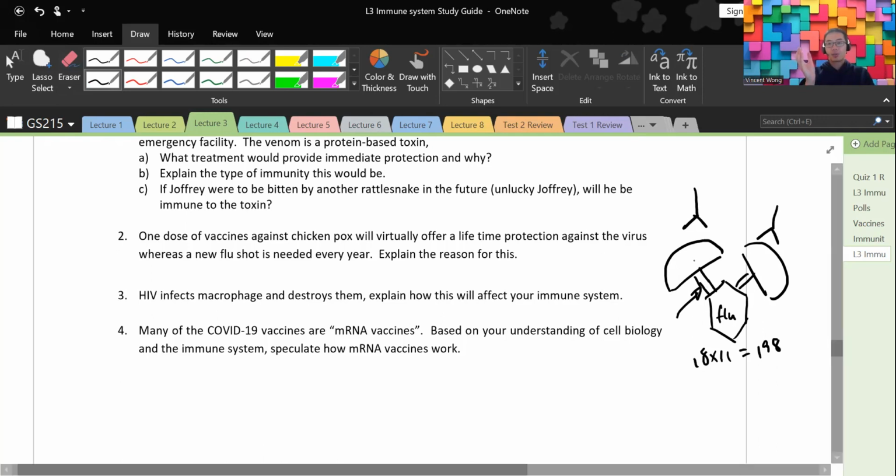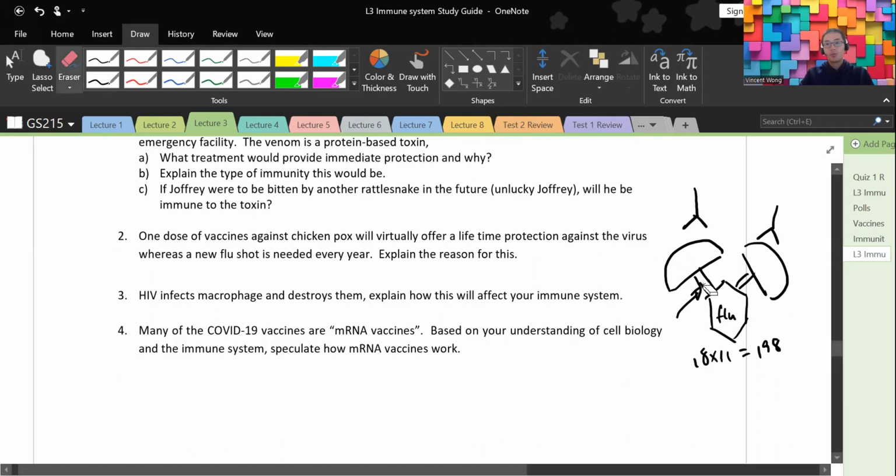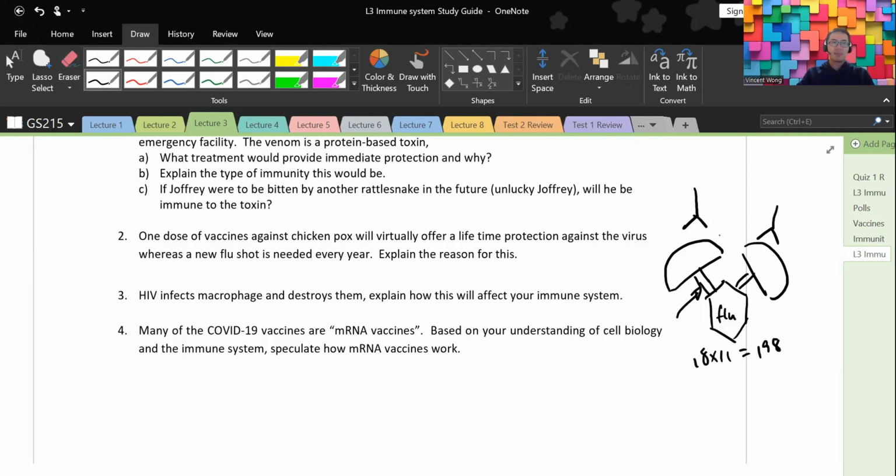So they're trying to create an antibody that will recognize those portions of the flu. It will be a universal vaccine, because regardless of how these change in future years, if the stalk remains unchanged, you will always have effective protection. Does that make sense? Okay.